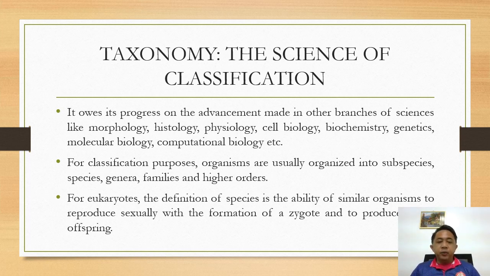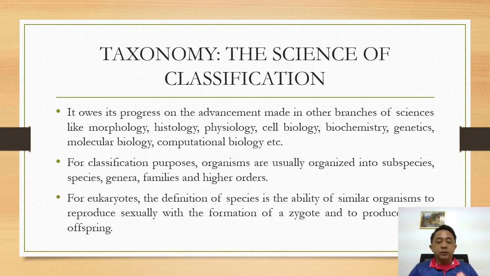And for eukaryotes, the definition of species is the ability of similar organisms to reproduce sexually. So eukaryotic microorganisms reproduce sexually, while most of the time your prokaryotes do not undergo sexual reproduction.